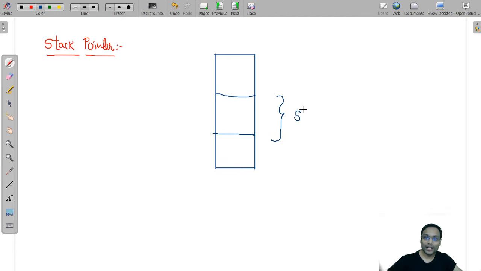And you all know that stack works on which principle? Stack works on the last in first out principle. Means whichever element is stored last, that we call the top of the stack, and that should be pointed to by your stack pointer.